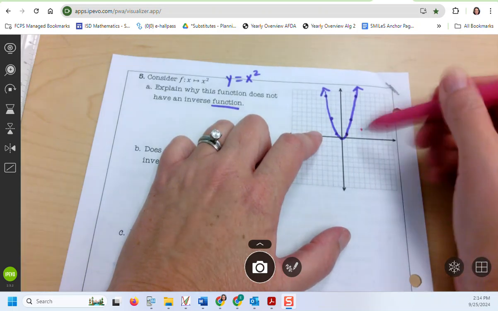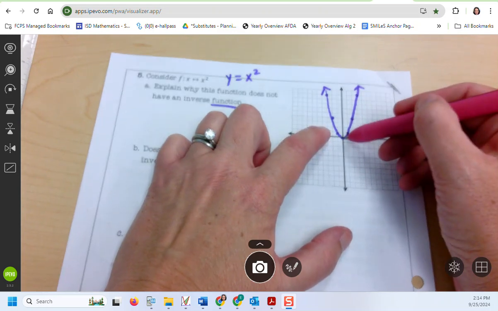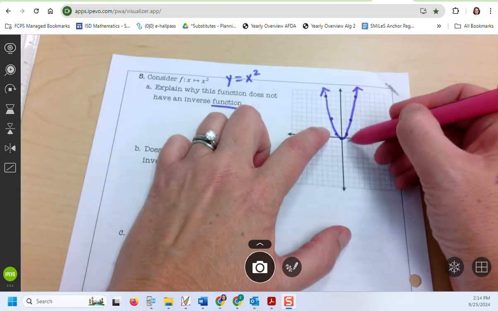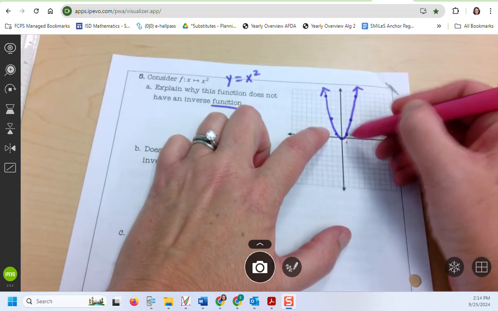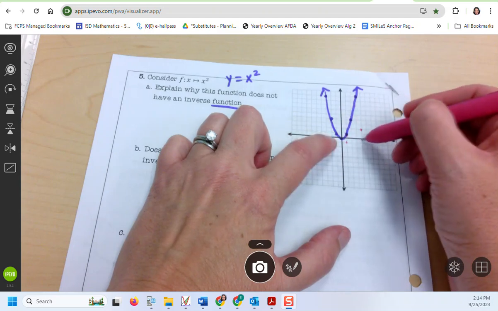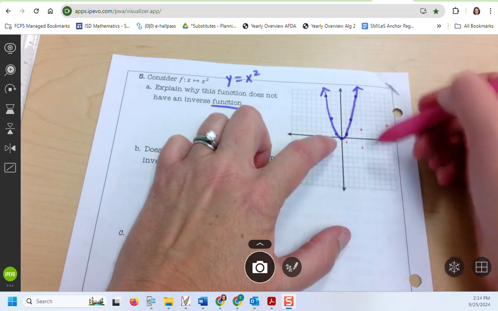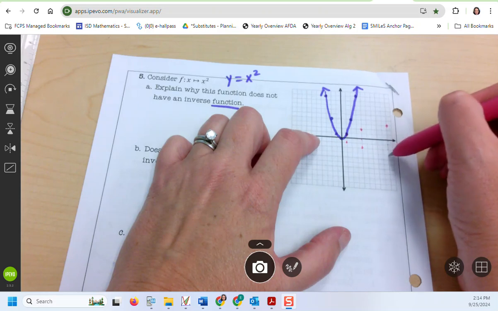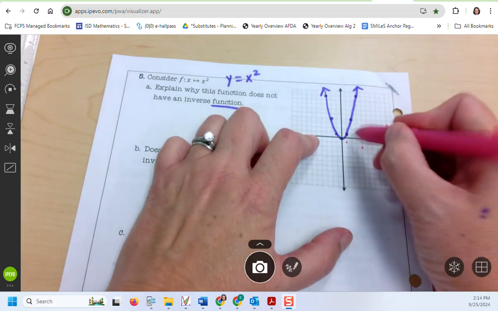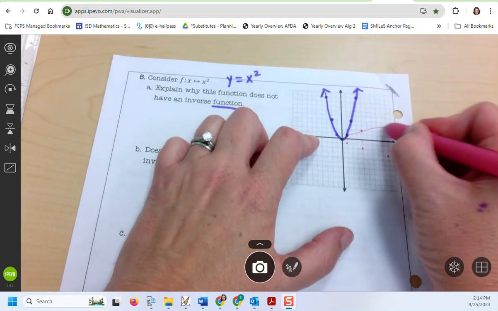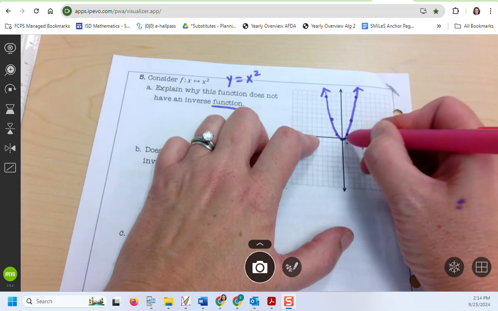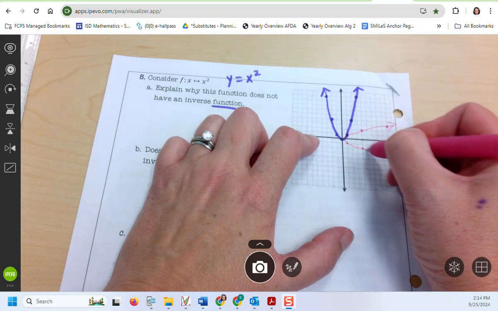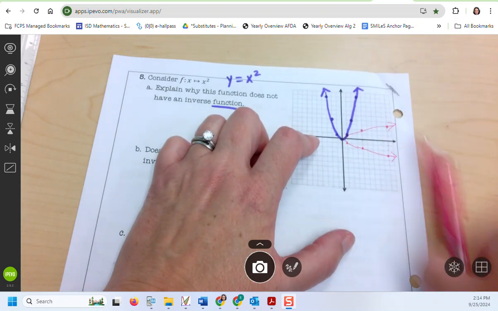On the negative side, I have (-1, 1), so that becomes (1, -1). (-2, 4) becomes (4, -2). And then (-3, 9) becomes (9, -3). All right, so I just drew the inverse function.